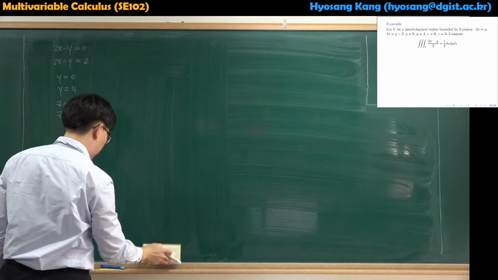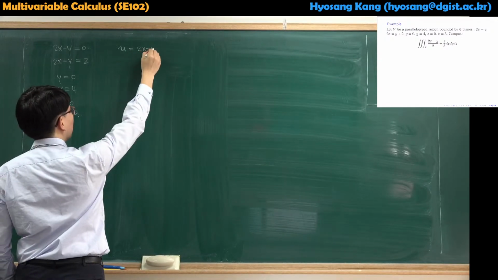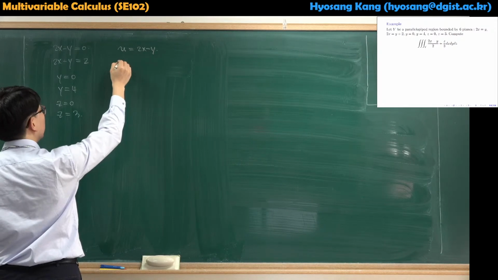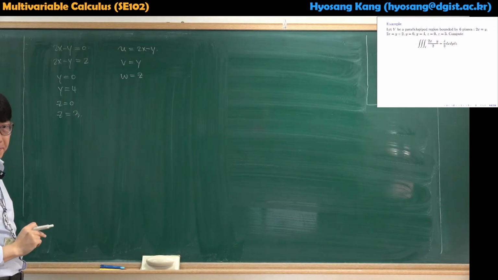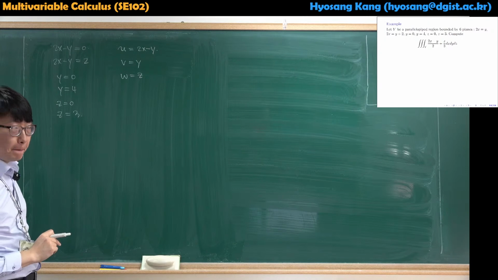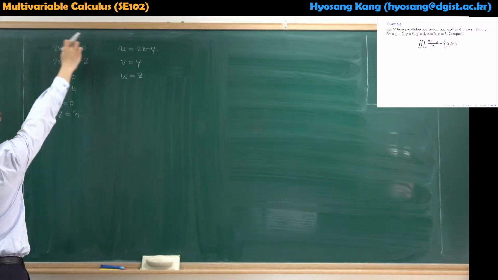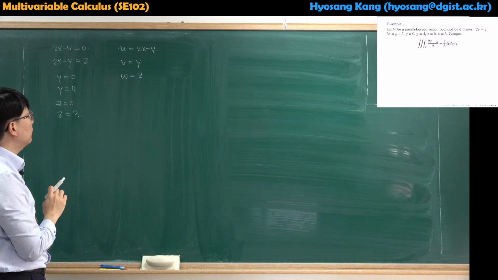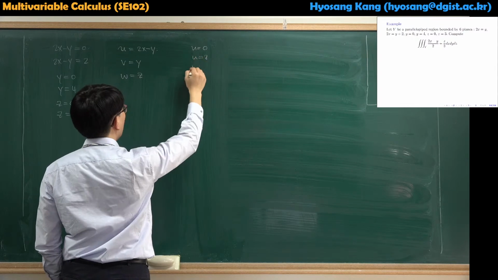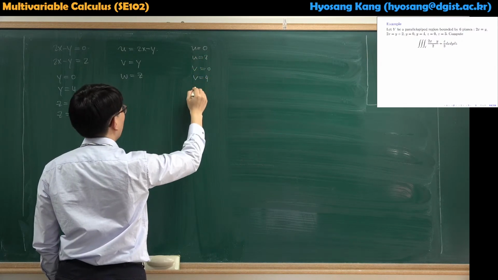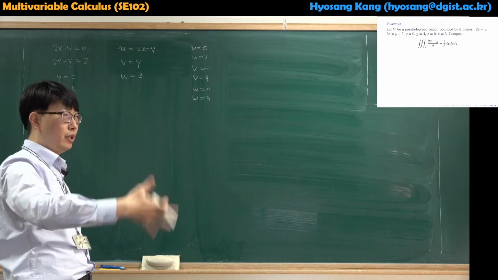I substitute 2x minus y into u, y as v, and z as w. Then my region bounded by 6 boundaries is simply written as u equals 0, u equals 2, v equals 0, v equals 4, and w equals 0, and w equals 3, which are all planes perpendicular to each axis.